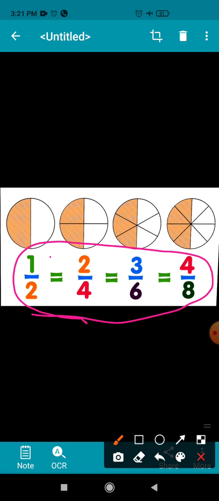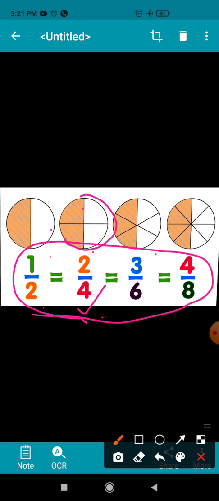Here you can see this circle is divided in two equal parts, so the fraction is 1 by 2. Now here this circle is divided in 4 equal parts, but 2 parts are colored, so the fraction is 2 by 4.